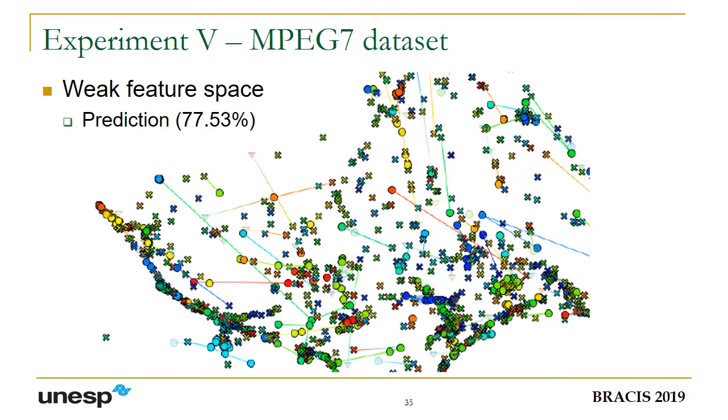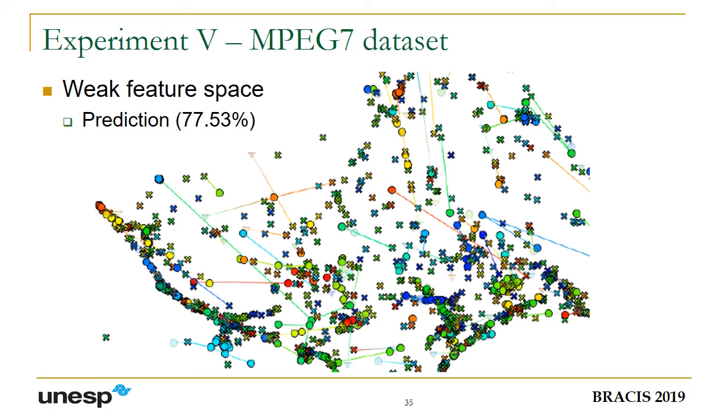Here's another example in which we show that if the feature space is weak, or the features are not enough to establish a good relation between instances, to establish cohesive clusters and to separate the clusters, we can see this result in the bidimensional space by the dimensionality reduction.